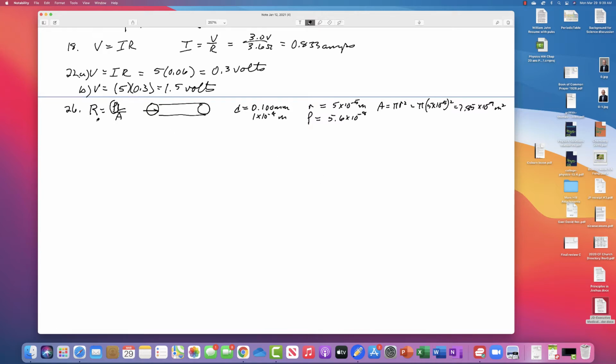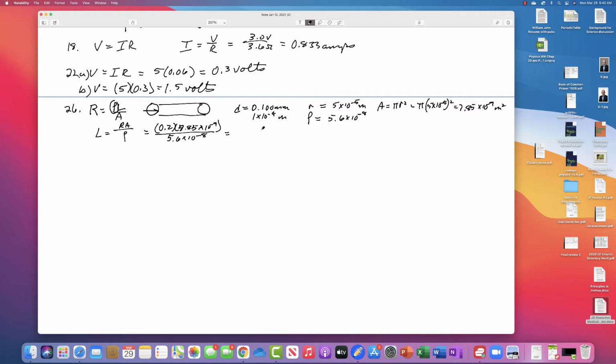We can rearrange this equation to solve for L. L is going to equal RA over rho, and we want a resistance of 0.2, so we have 0.2 times 7.8 times 10 to the minus 9, divided by 5.6 times 10 to the minus 8.